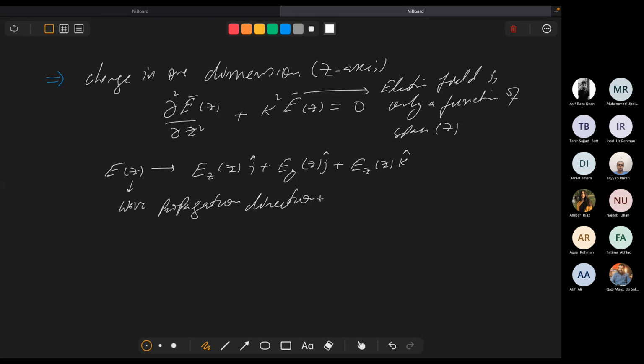And assume, or if we take only one component of E, ठीक है, कोई एक component हम E का ले लें, and that could be along the x-axis, ठीक है. So this one.